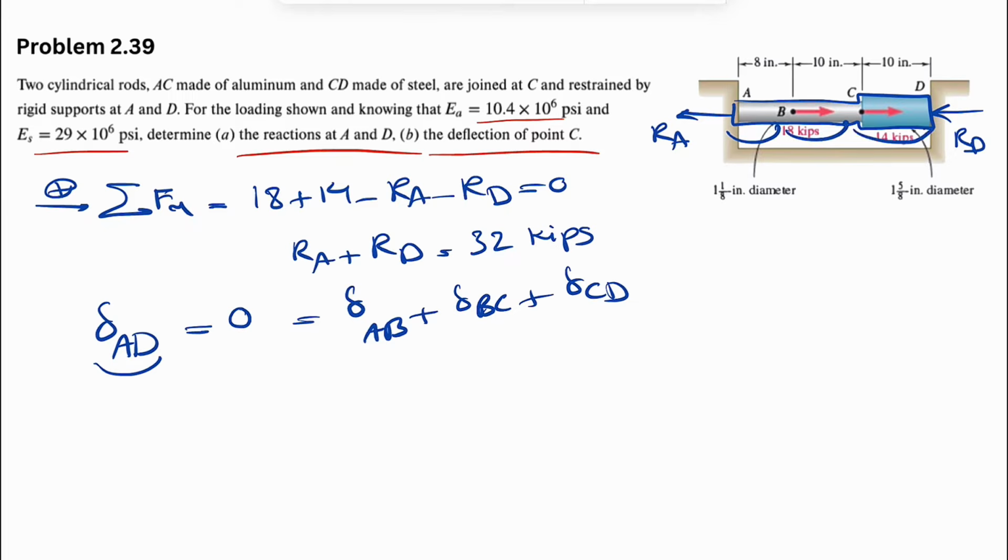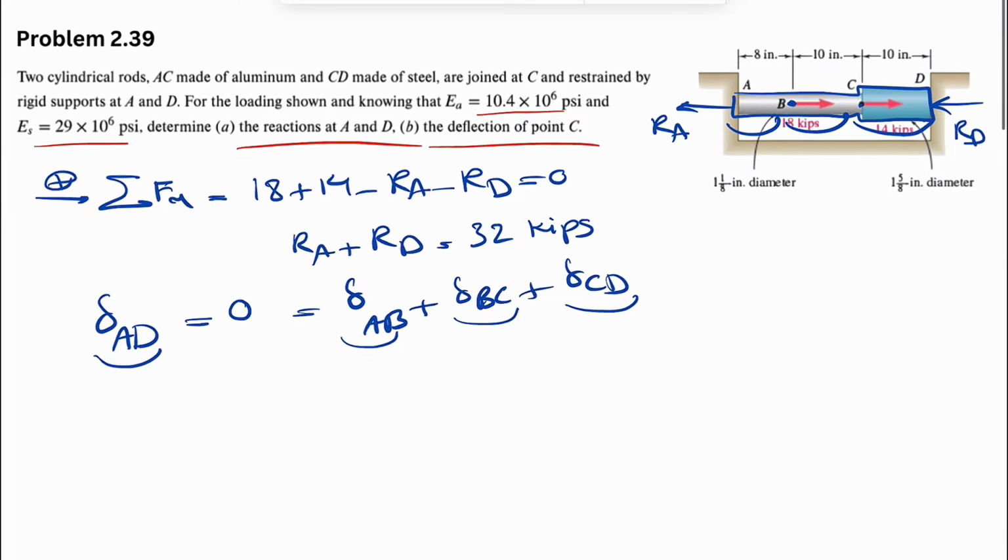So we'll break it down into these three sections, because wherever we see a force applied along this rod, that means there's going to be a change in that rod. So we're going to start by doing our sections along different parts of this rod.